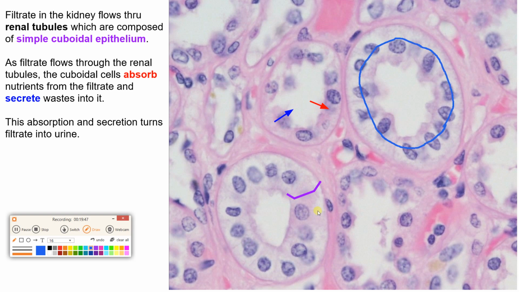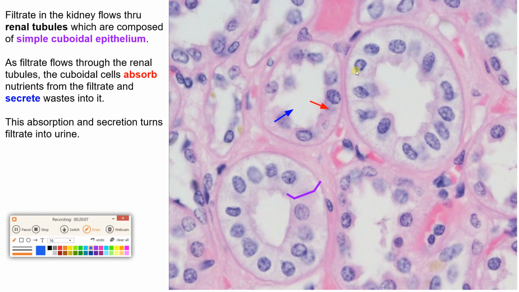Remember, rings, here's another ring. Rings are created when we cut a tube transversely in cross-section. So I've got lots of little kidney tubes here. I call them renal tubules. Renal means kidney, tubules means little tubes.